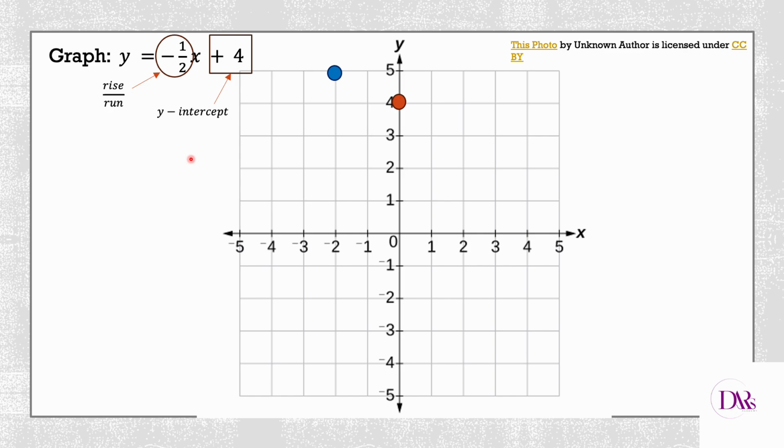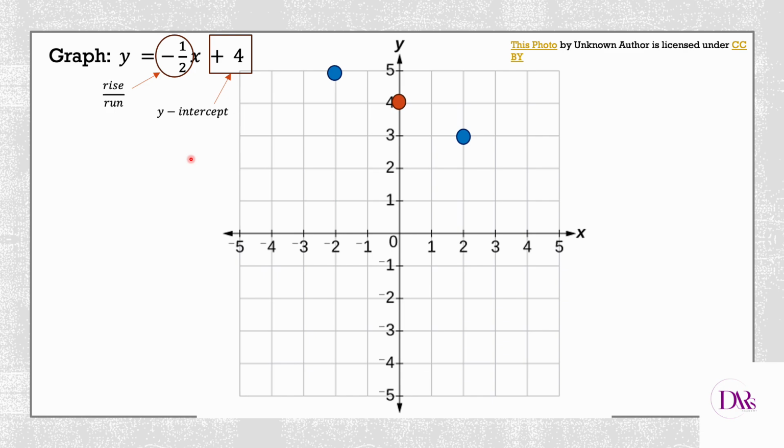And I'm going to go in the opposite direction, still using my rise over run. In this case, I'm going to go down 1 and to the right 2 and put a point. And I'm going to continue in this same direction again since I have space to see exactly how this line looks.